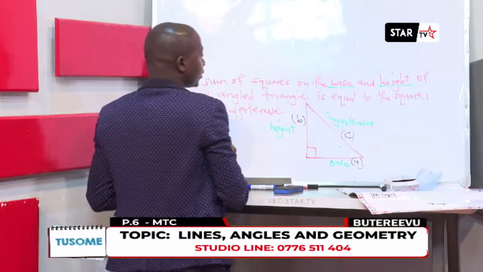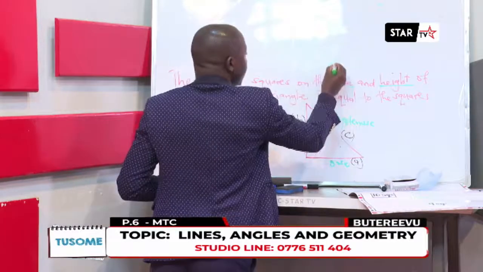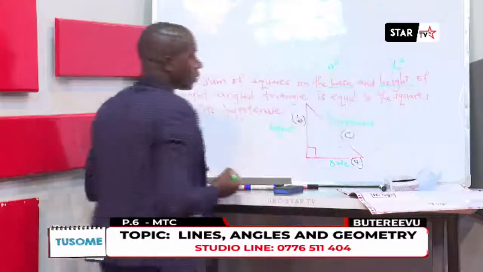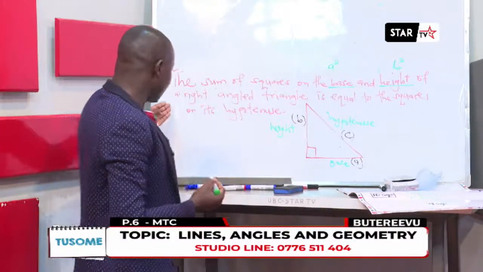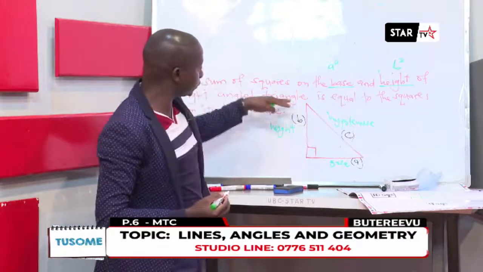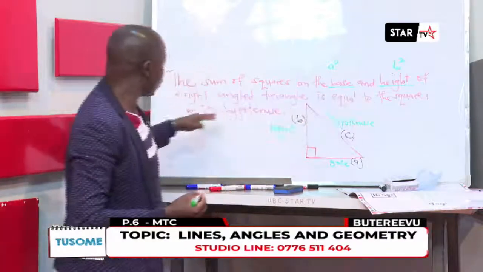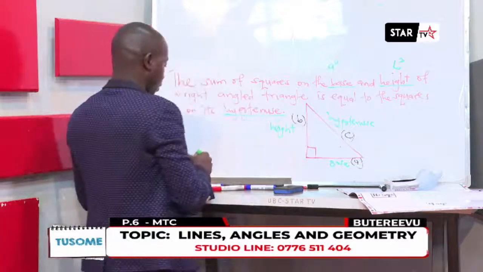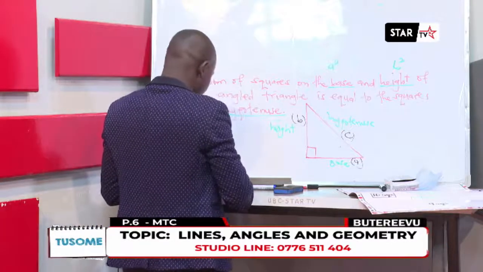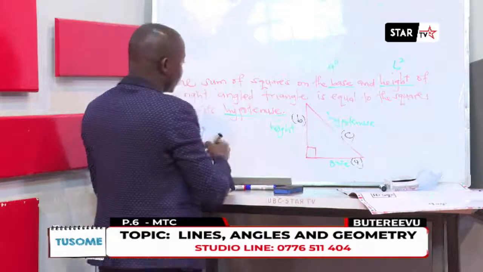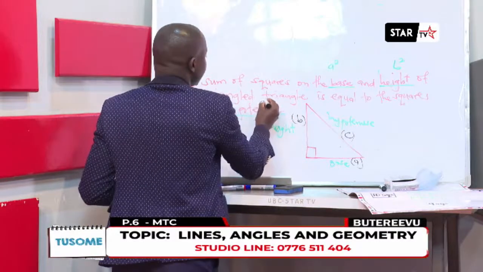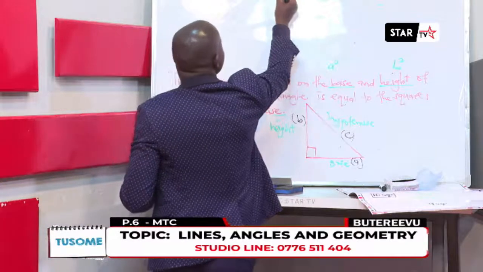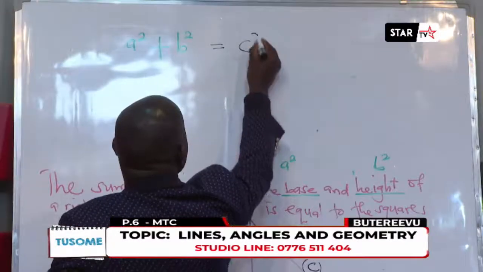Is equal to the squares on the hypotenuse. And the squares on the hypotenuse are now being represented by C squared. One shall say A squared plus B squared gives us C squared.